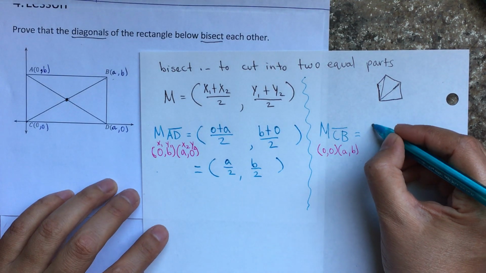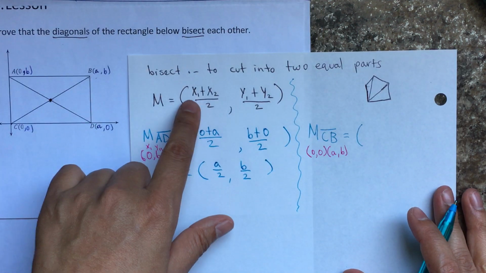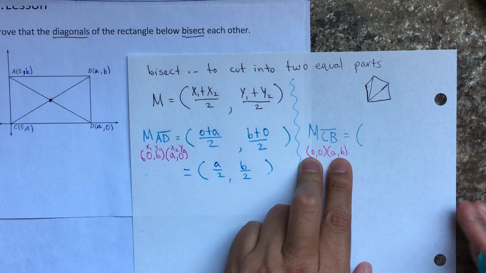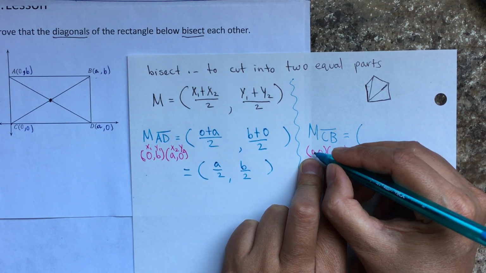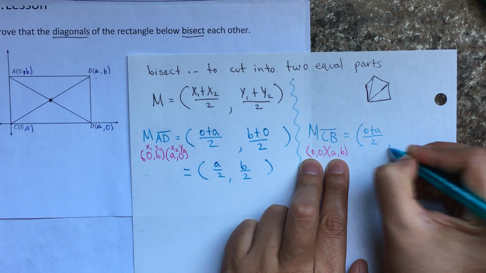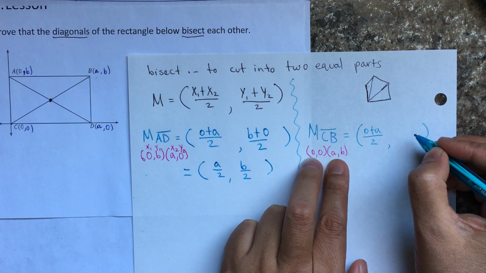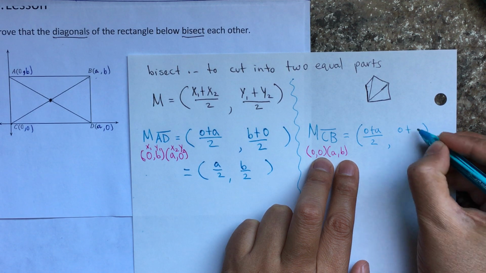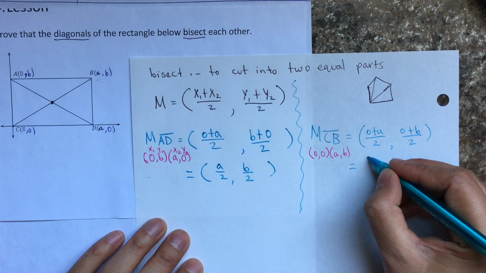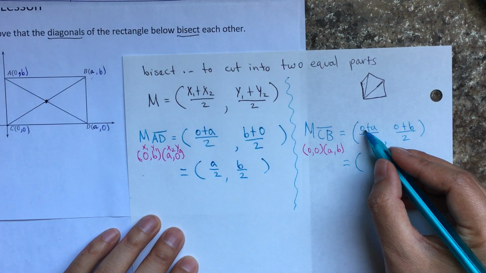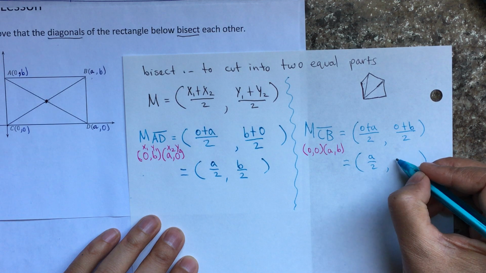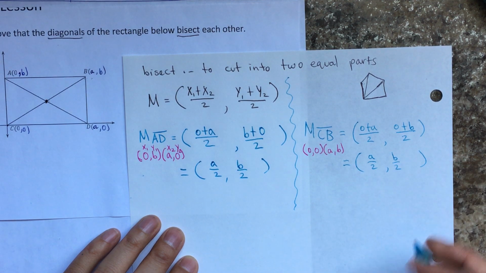And so I start to substitute into the formula my two x's, meaning the first two numbers or variables in here. So it's 0 plus a divided by 2. That's for my x. And for my y is 0 plus b divided by 2. I simplify that, and so 0 plus a is equal to a divided by 2. 0 plus b is b divided by 2.